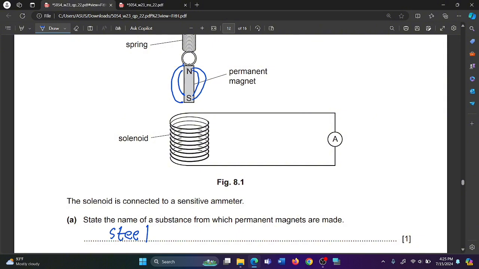Thus, when the magnet is released, the magnetic field lines cut the solenoid constantly as it moves downwards, causing an EMF in the solenoid. That EMF is producing the current according to Fleming's rule.